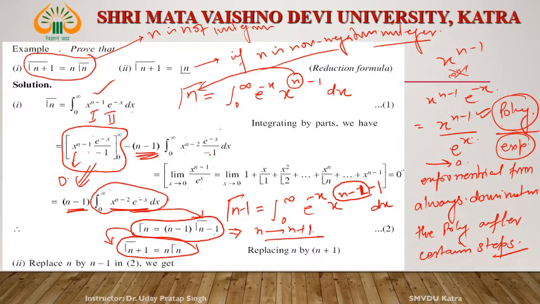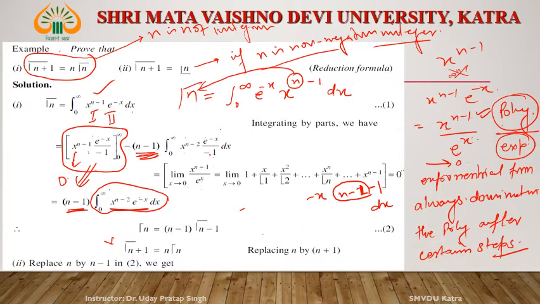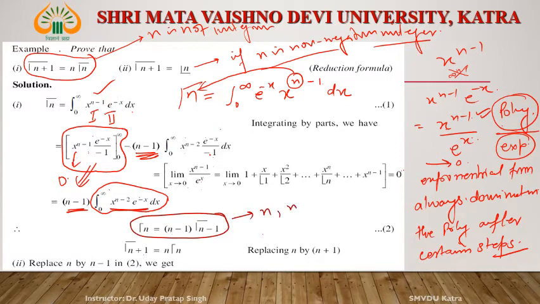Again, in this equation 2, replace n by n minus 1. What it becomes? It becomes n minus 1 gamma of n minus 1 is equal to n minus 2 gamma of n minus 2.